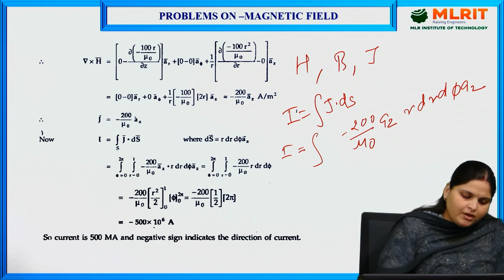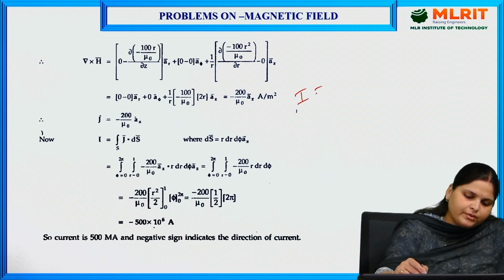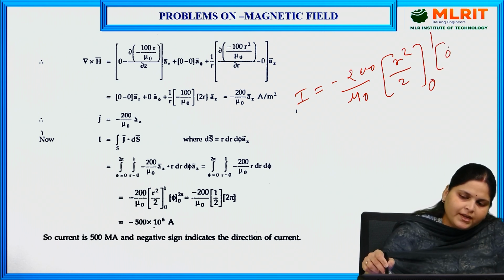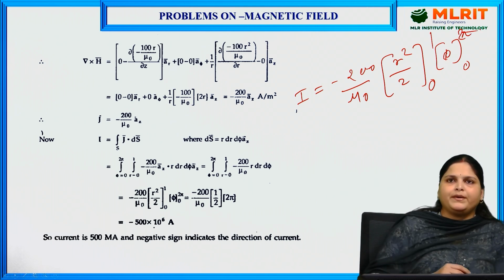On further solving, we will get I equal to minus 200 upon mu naught times r square by 2, limit is 0 to 1, and phi limit is 0 to 2 pi.